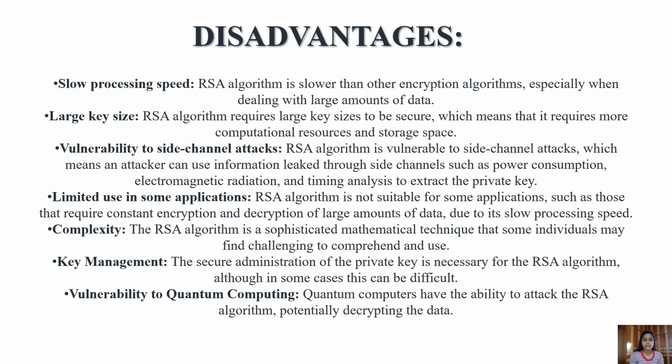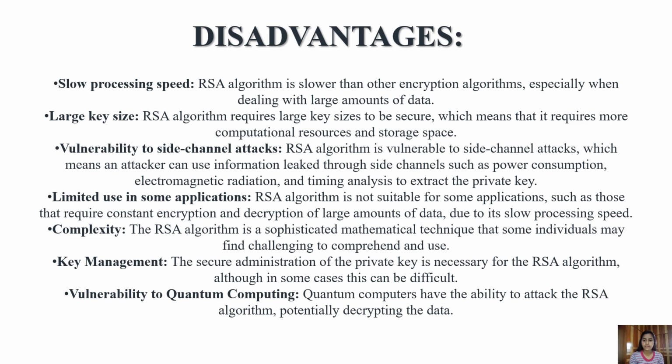Disadvantages of RSA. Slow processing speed. RSA algorithm is slower than other encryption algorithms, especially when dealing with large amounts of data. Large key size. RSA algorithm requires a large key size to be secure, which means that it requires more computational resources and storage space. Vulnerability to side channel attacks.